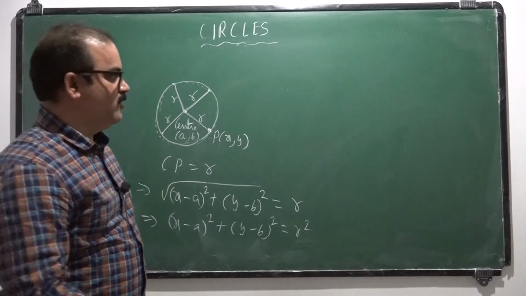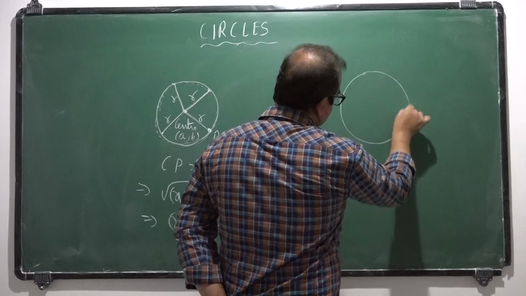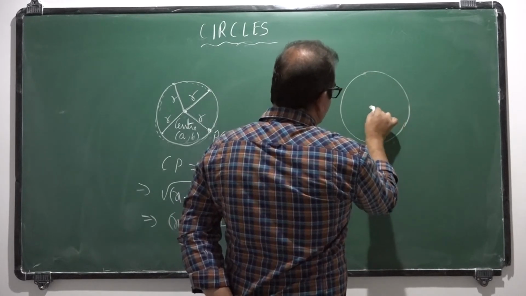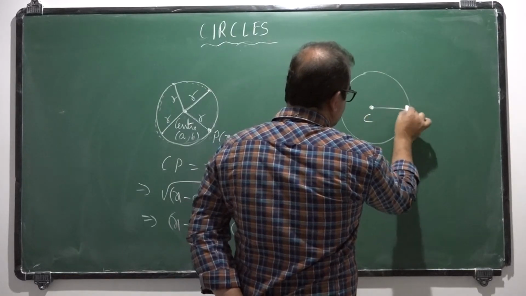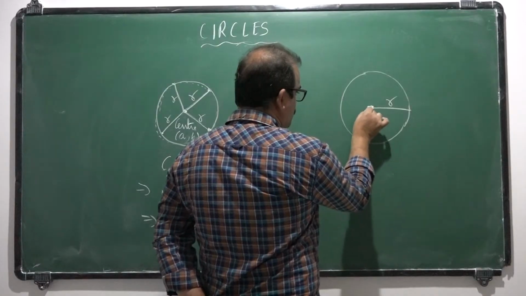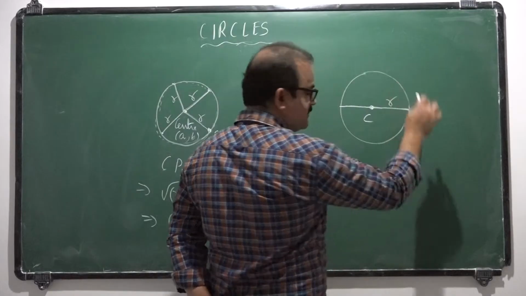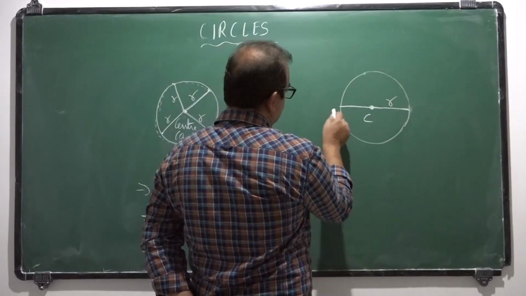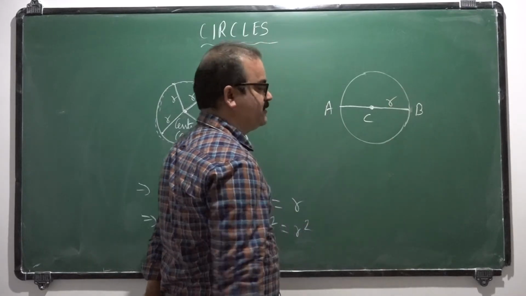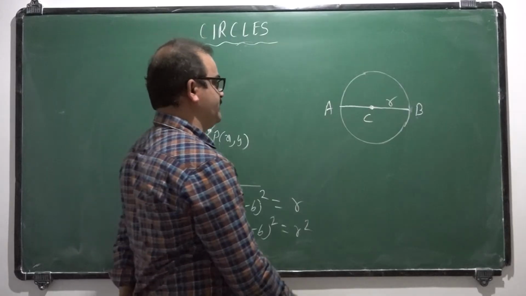Now we discuss some points on the circle. Here it is the center and here it is the radius r. Now this is called the diameter of the circle. Let this point be A and this point be B. A and B are the endpoints of the diameter.